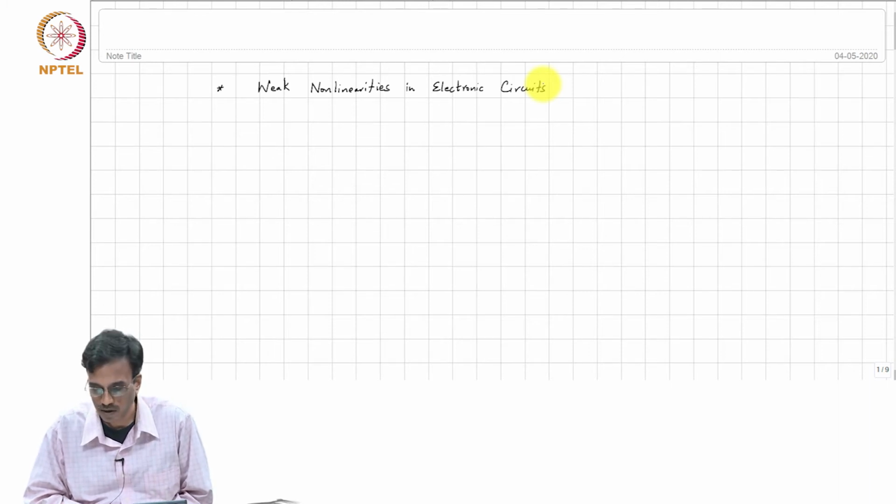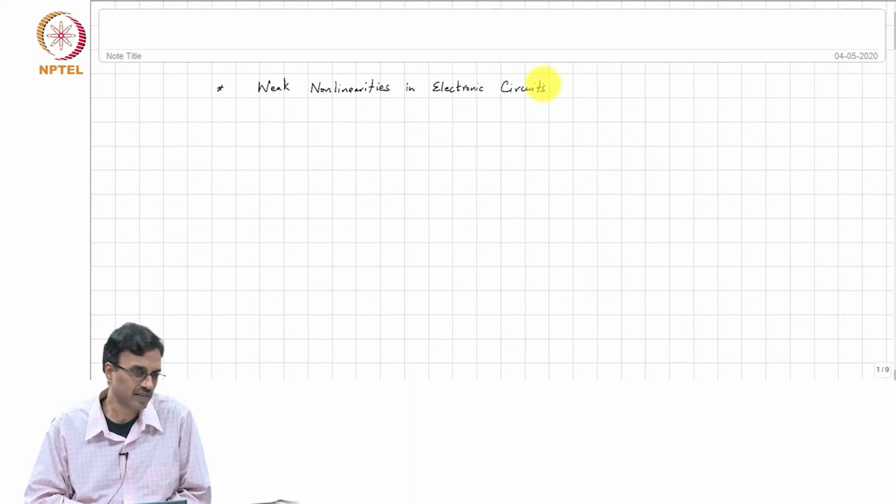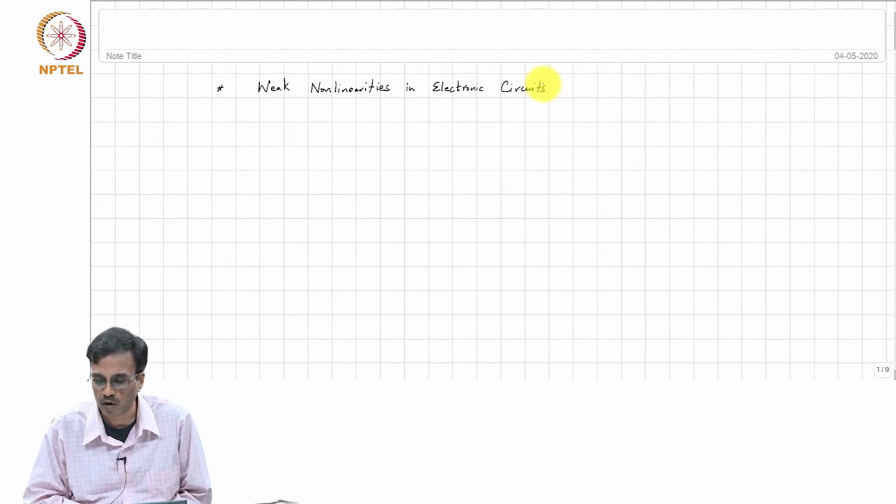But in reality it turns out that most circuits are essentially nonlinear, and with a lot of design effort they still turn out to be, within quotes, nonlinear, but the nonlinearity is very small.